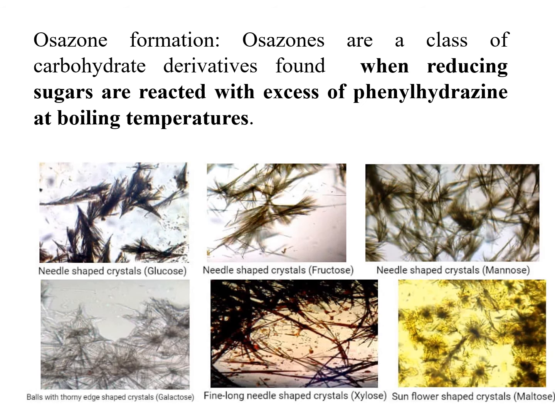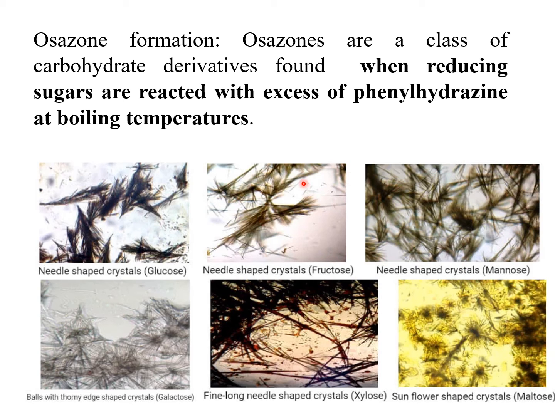Okay. Next, osazone formation. Osazones are a class of carbohydrate derivatives formed when reducing sugars are reacted with excess phenylhydrazine at boiling temperature. The osazones are needle shaped crystals, as you can see in glucose, fructose and even in mannose.